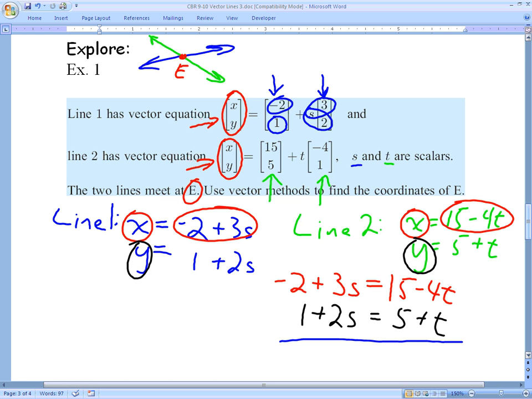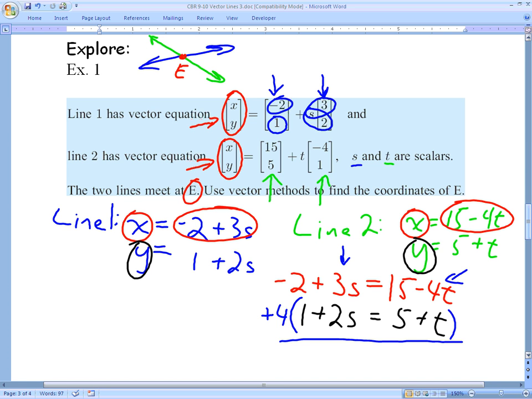I could make these s's into a +6 and a -6 by multiplying by 2 and -3 respectively. But instead, I am just going to multiply this bottom one by a scalar of +4, which will make this -4 right here cancel out when I add them together.